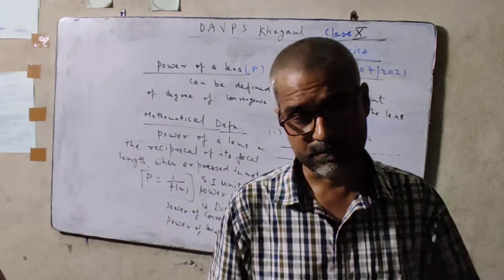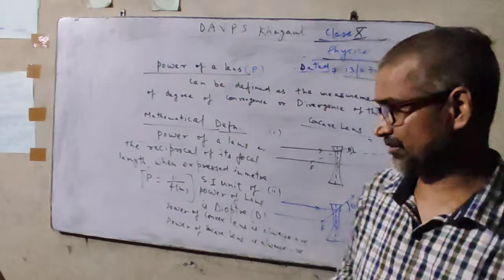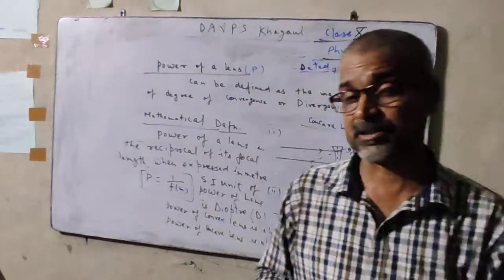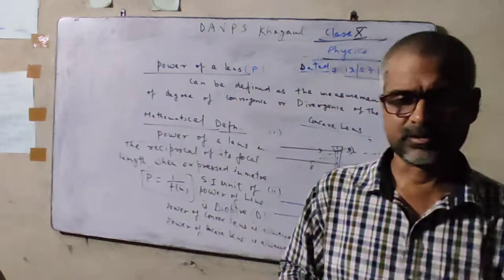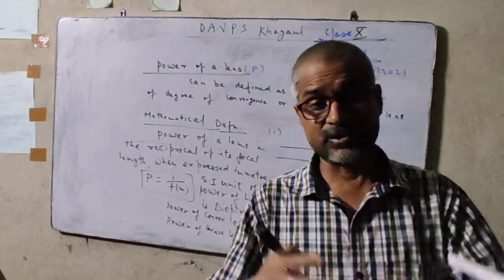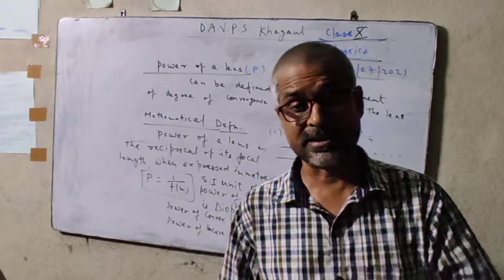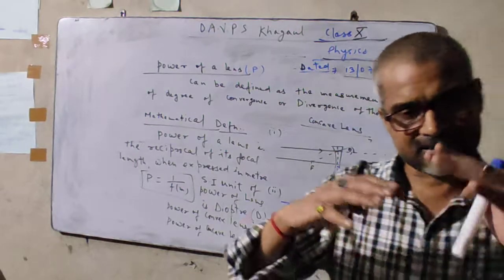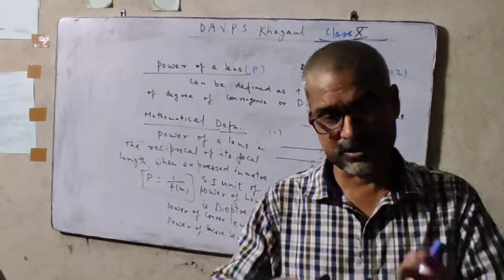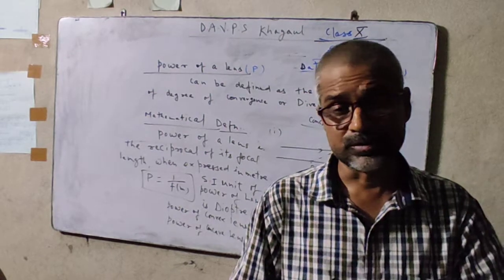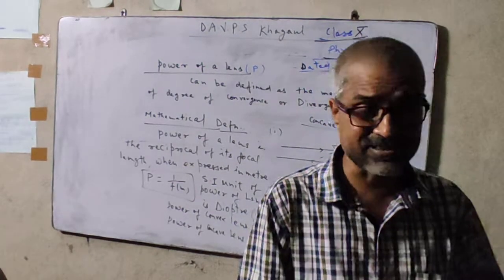Very important topic. But remember, the diopter symbol is capital D. We can express +1 diopter in case of convex lens, -1 diopter, -2 diopter in case of concave lens. So minus sign convention we use for concave lens power, plus sign convention we use for power of convex lens.